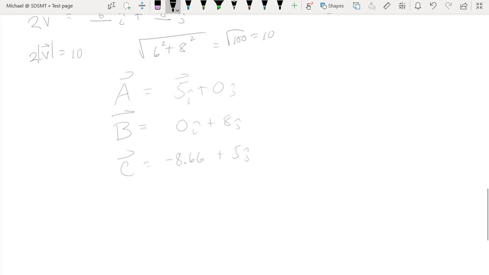So if these are all of my vectors, what would it take to turn one of these vectors into its negative counterpart?